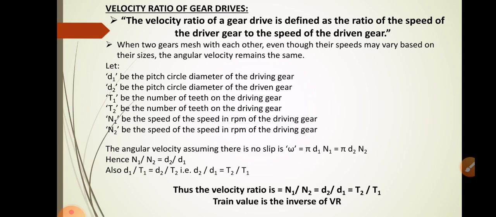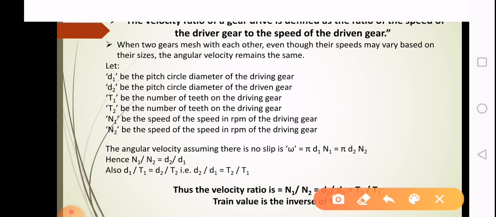We have a driver gear and a driven gear. Let small d1 be the pitch circle diameter of the driving gear, d2 be the pitch circle diameter of the driven gear, t1 be the number of teeth on the driving gear, t2 be the number of teeth on the driven gear, and n1 be the speed of the driving gear, and n2 be the speed of the driven gear.